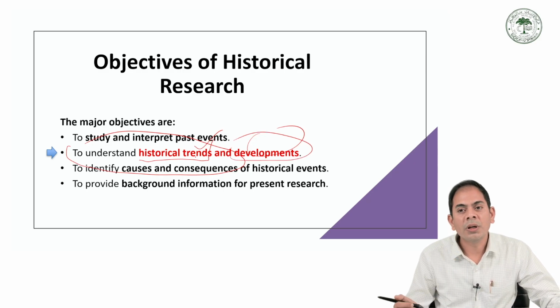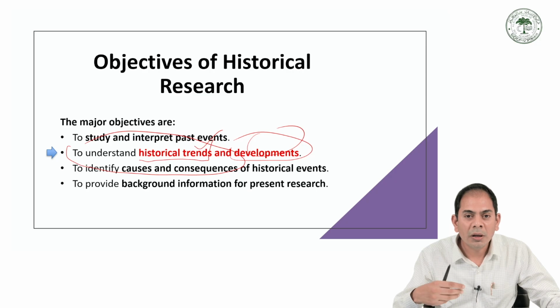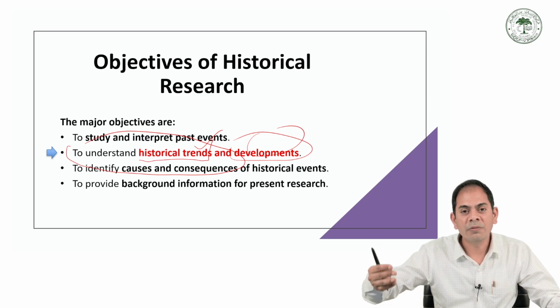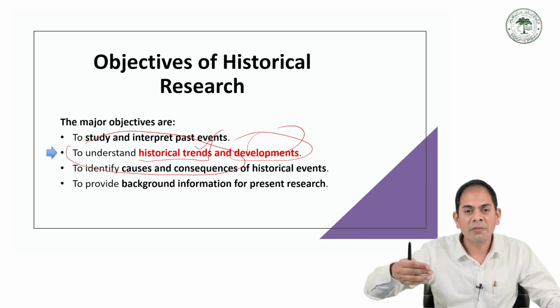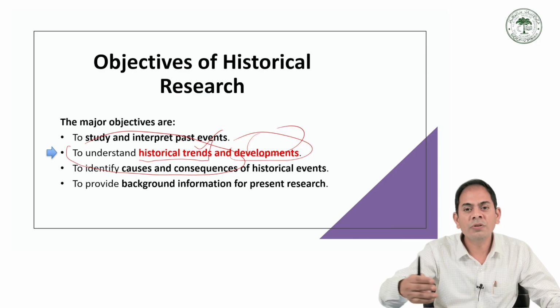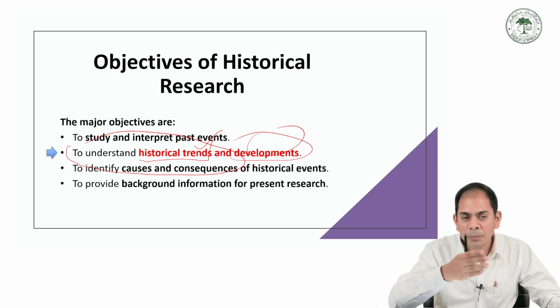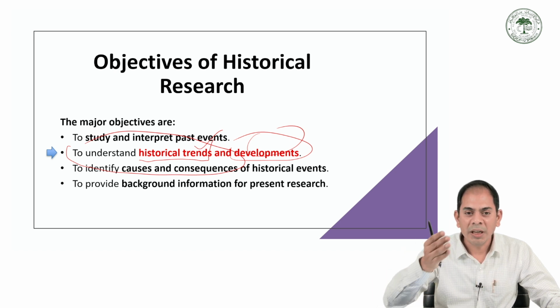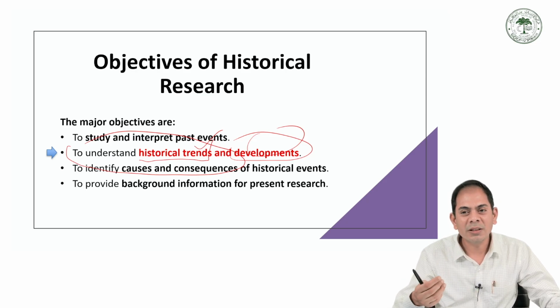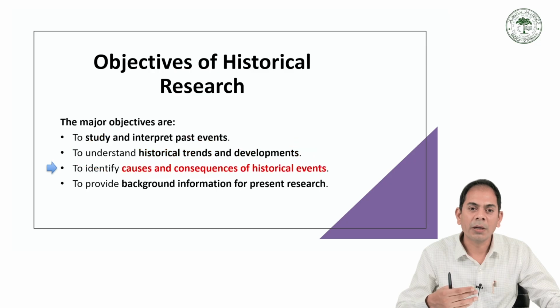Another objective of historical research is to understand historical trends and development, because over time we see changes, like the rules and regulations of different kinds of sports. A hundred years back it was different and now it is different. So this is the trend, the type of change and development of all these things. It helps us to know how society, education, sports, and culture change and progress over time.